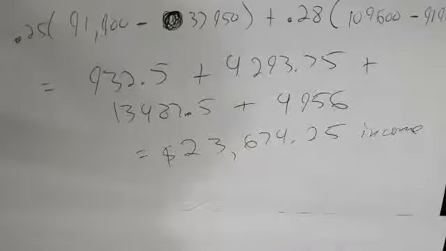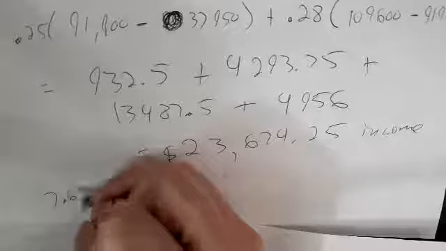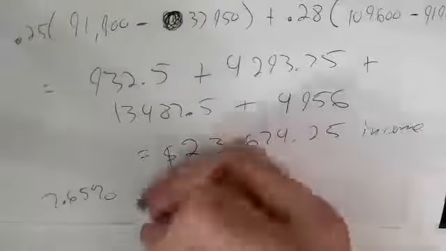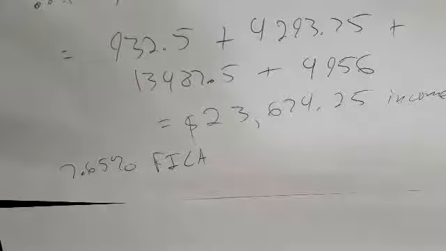So if I do 1.785% and I do that by what, 120? Oh, sorry, wrong number. 9,180 was what his was. 120. 7.65% is what FICA is. Back solving it. So we still have to figure out FICA.